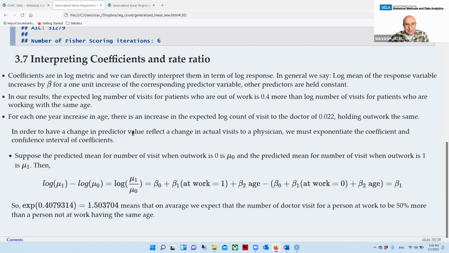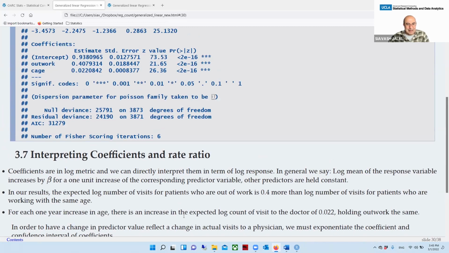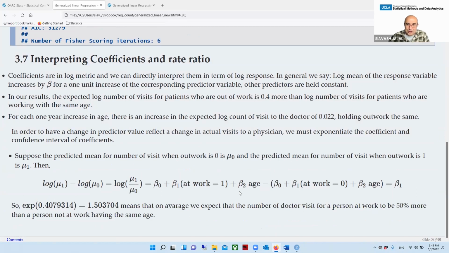This is the linear prediction for somebody at work equal to 1, minus somebody not at work with the same age, keeping the age constant.